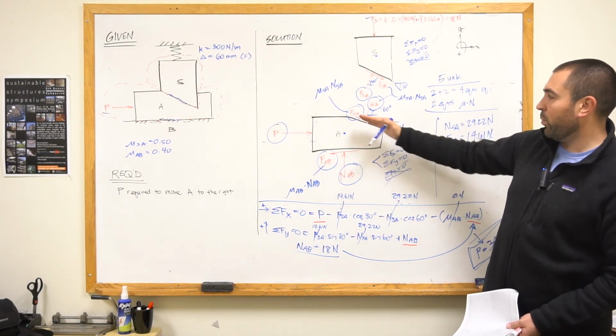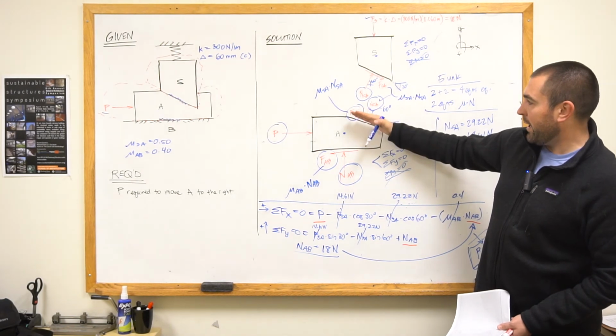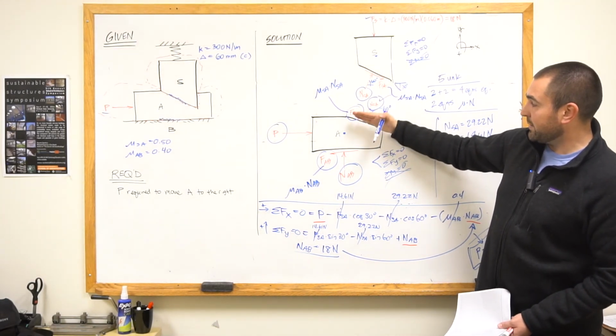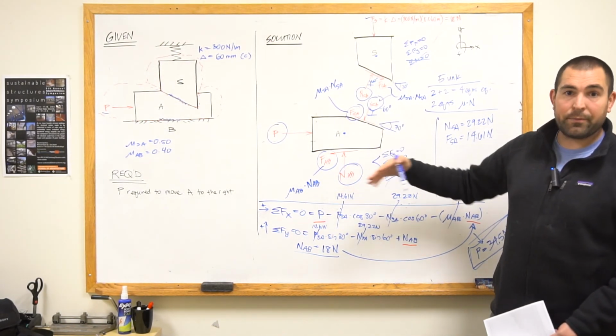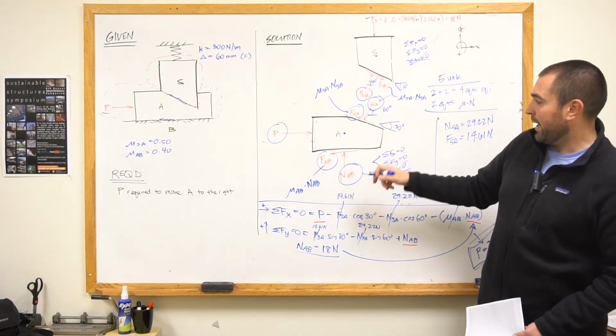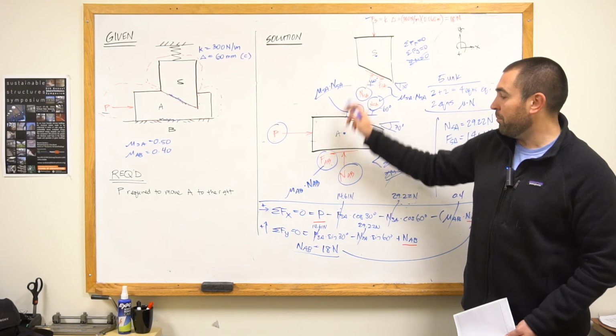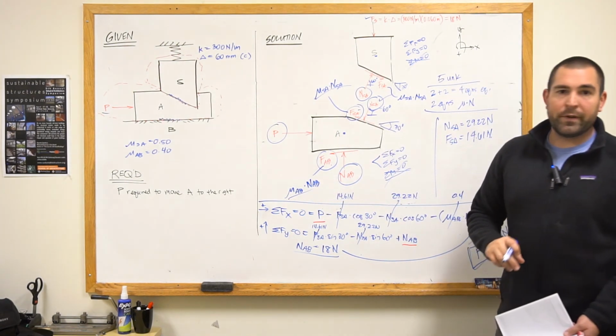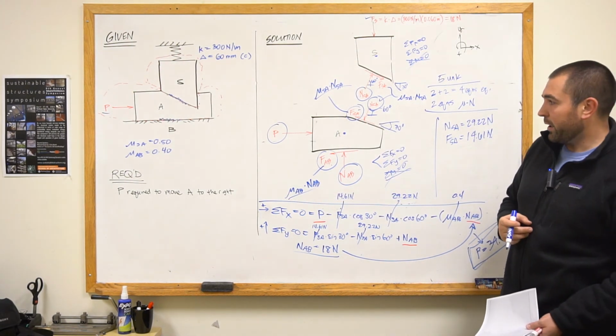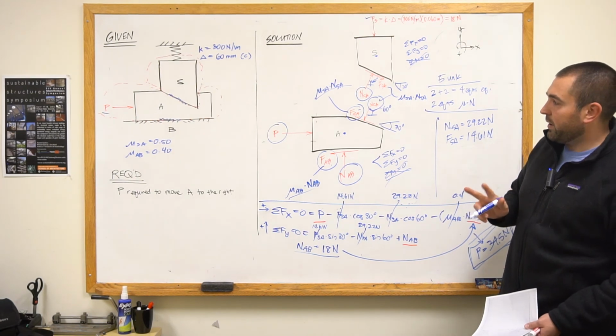That's the key to this problem. You wouldn't want to assume that A is slipping, A to S is slipping, and A to B is not. That wouldn't be possible, and that's why each of these friction forces are set to their maximum based off the mu values, the coefficients of static friction that we're given. So those are kind of the two big keys.